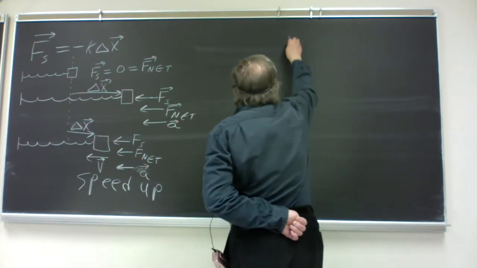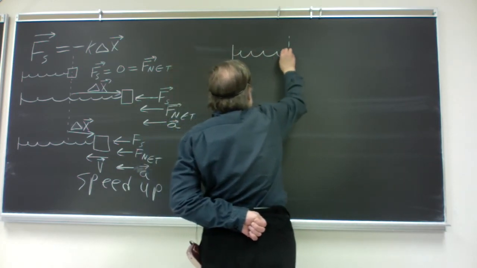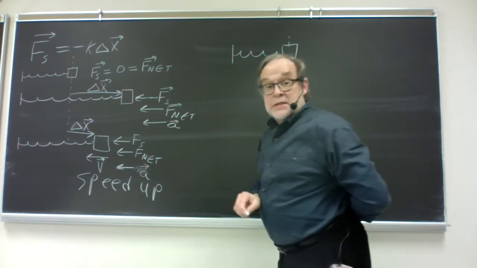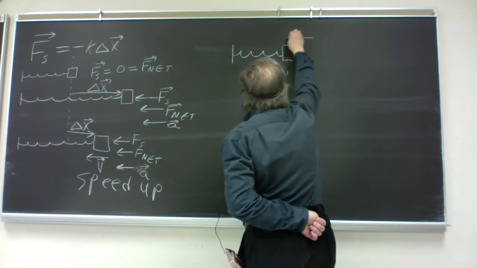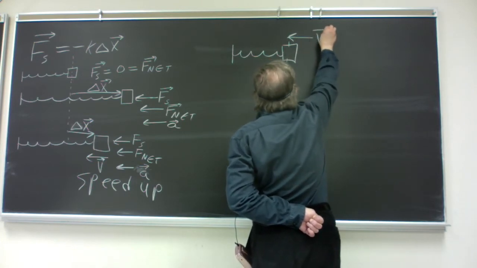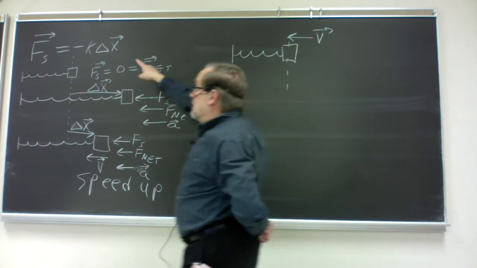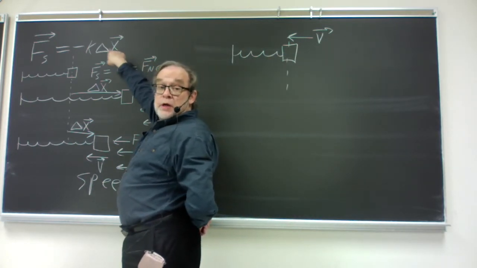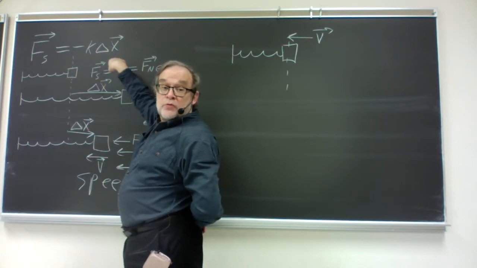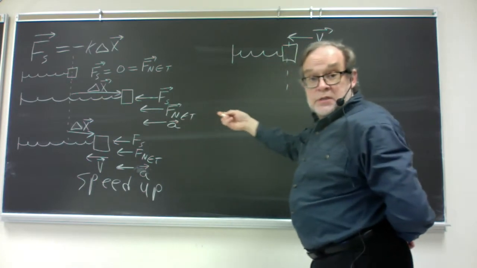And now, here's the mass at equilibrium. It's gained velocity. But of course, now it's back at equilibrium. It's not displaced away from equilibrium. So that means displacement away from equilibrium is 0, so spring force is 0, so net force is 0.